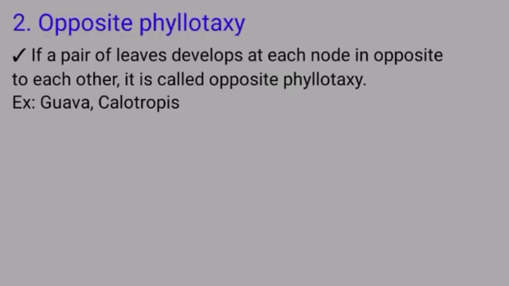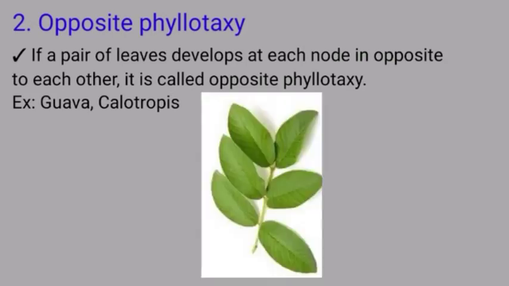The second type is opposite phyllotaxy. If a pair of leaves develops at each node opposite to each other, it is called opposite type of phyllotaxy. Example: guava, Calotropis. See in the diagram, each nodal region contains two leaves opposite to each other, which is called opposite phyllotaxy.